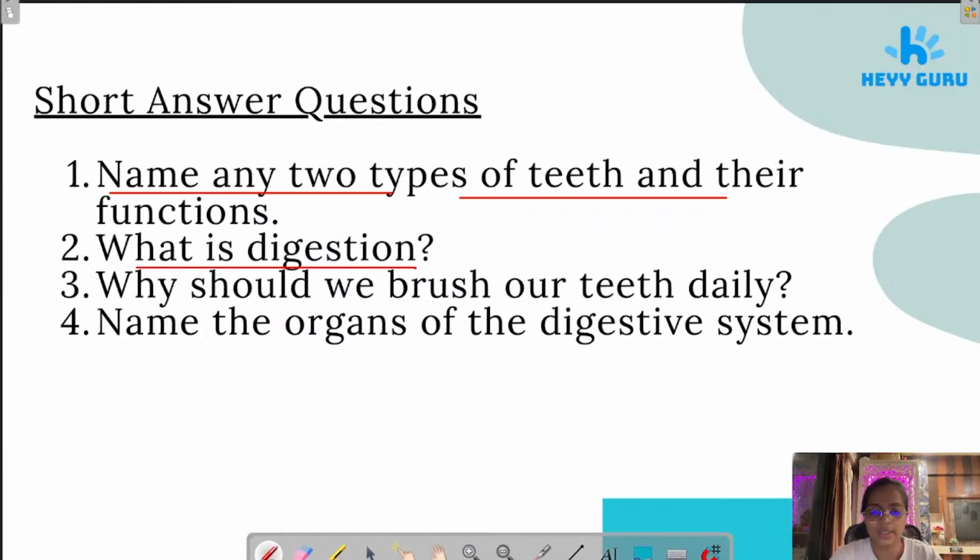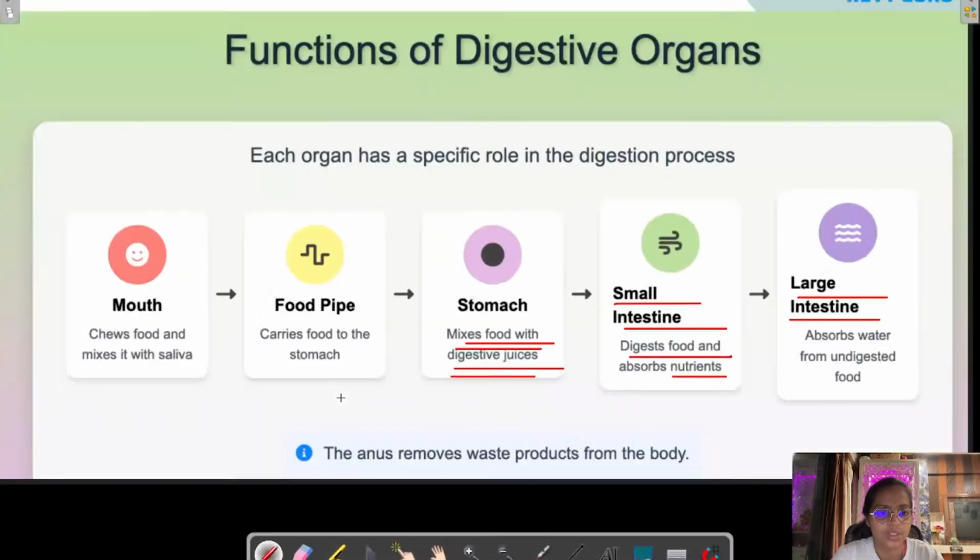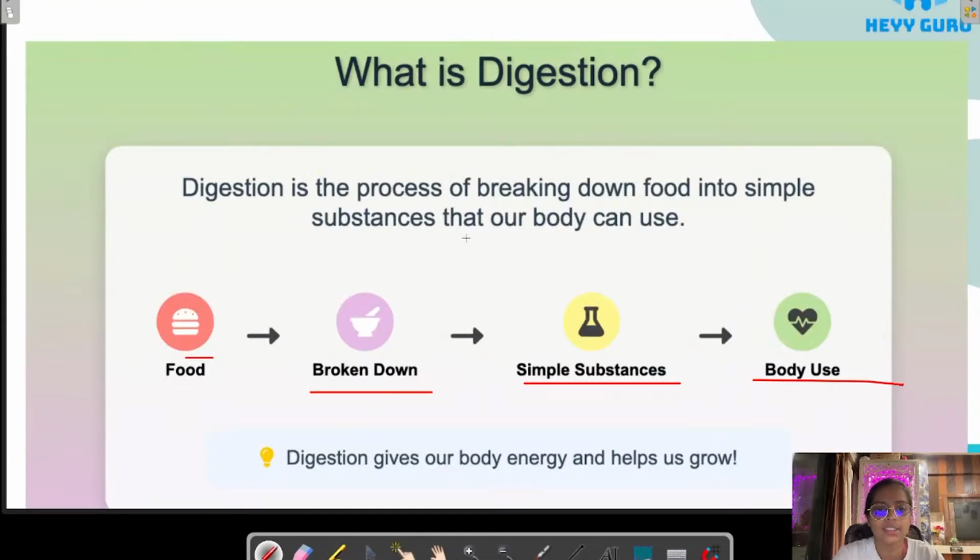Okay then, I'm telling you. Here you can see in this slide, digestion is the process of breaking down food into a simple substance that our body can use.